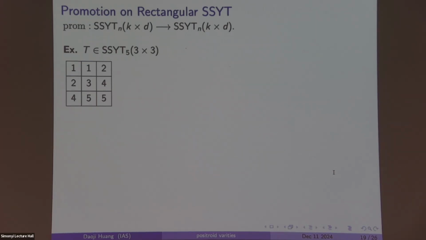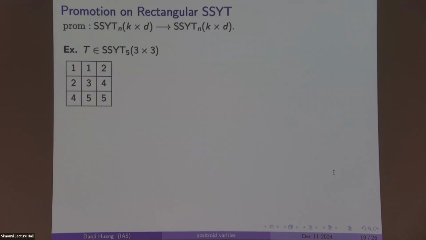Equipped with the definition of jeu de taquin, I can define promotion on rectangular shaped semi-standard Young tableaux. This is defined on general shapes as well, but for rectangular shapes it is particularly interesting because, as it turns out, promotion gives a cyclic action on rectangular shaped semi-standard Young tableaux, which is not true for general shapes.